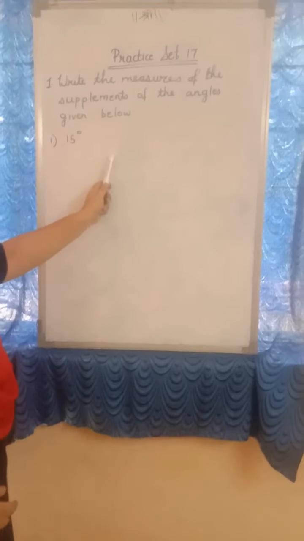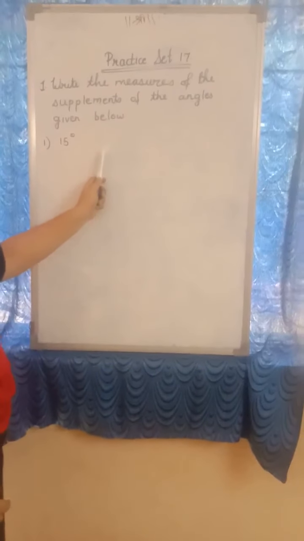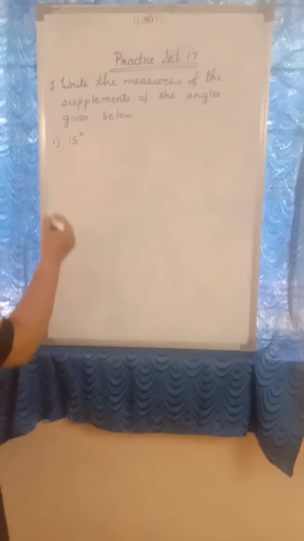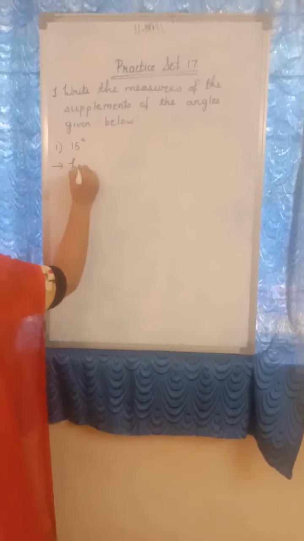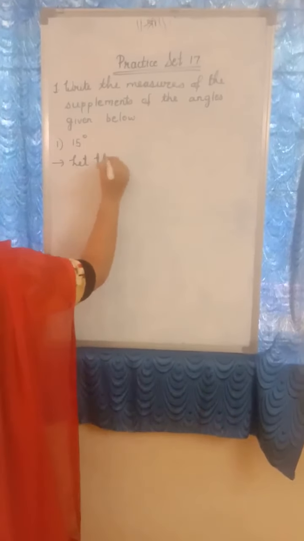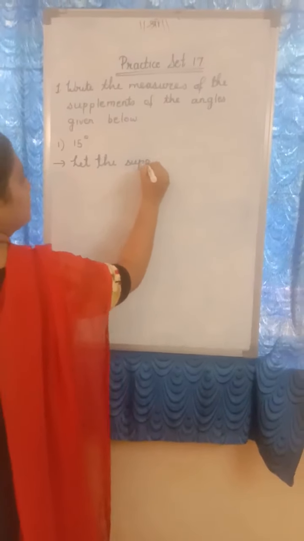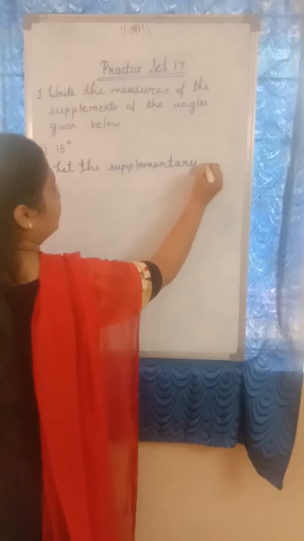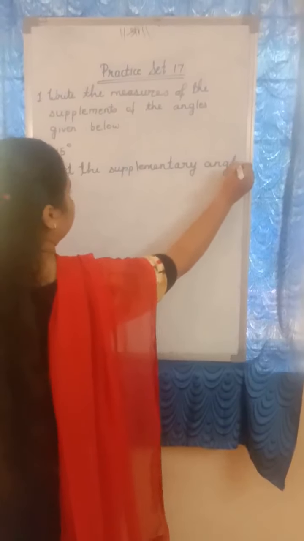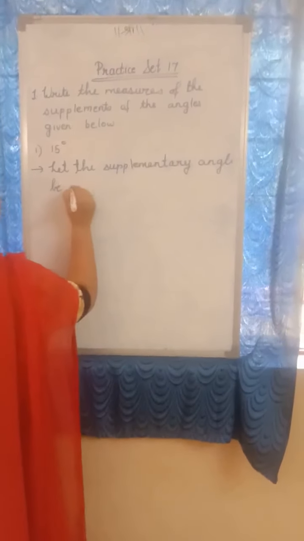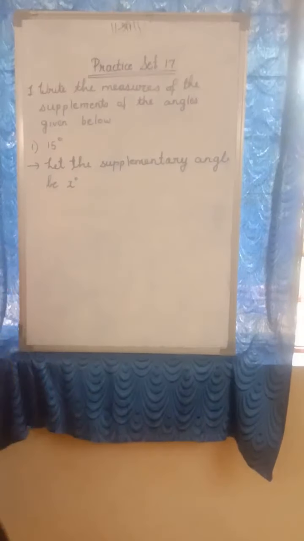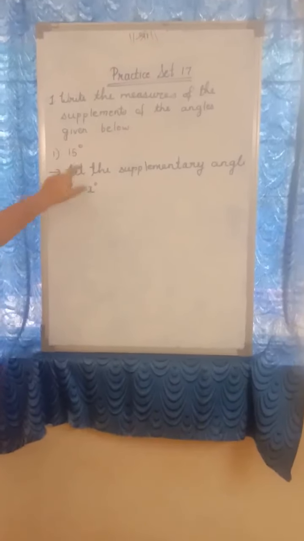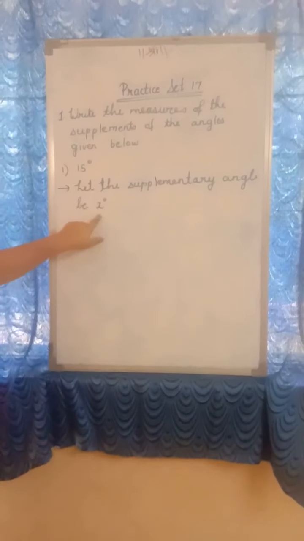The other angle, children, we don't know, but we know they are a supplementary pair, so its addition will be 180. So we will assume, let the supplementary angle be x degrees. This is one angle, no? The other angle which is supplementary to this will be x.